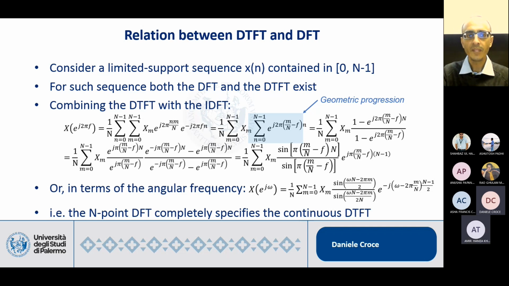Okay, and then you have the factor e to the j pi times m divided by capital N minus f, times N minus 1. The minus 1 is because of the denominator, okay? Is it clear for everybody?